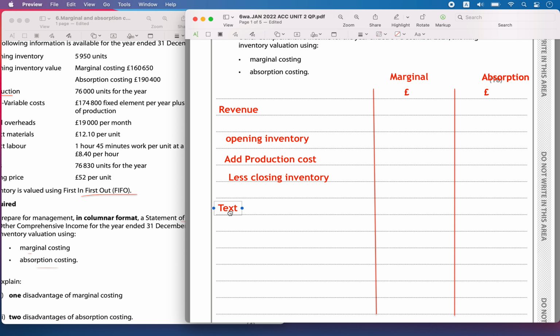You will be able to get the cost of sales. After getting the cost of sales, you deduct it from the revenue to get the profit.